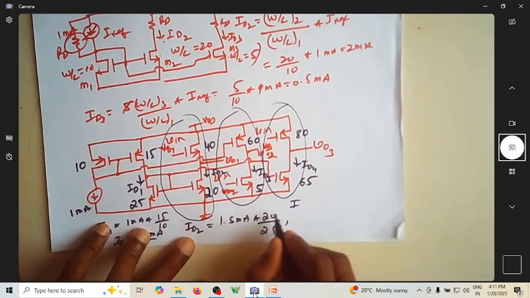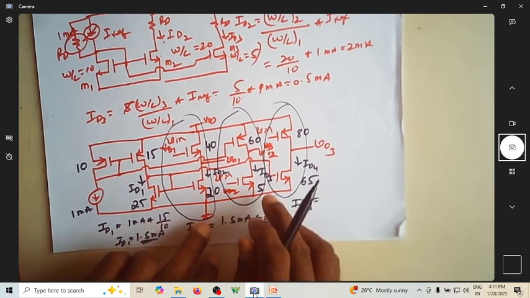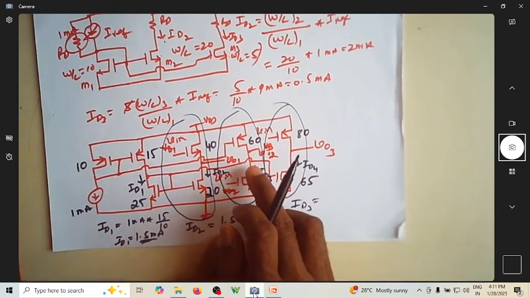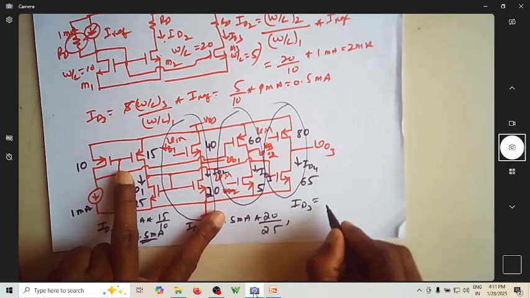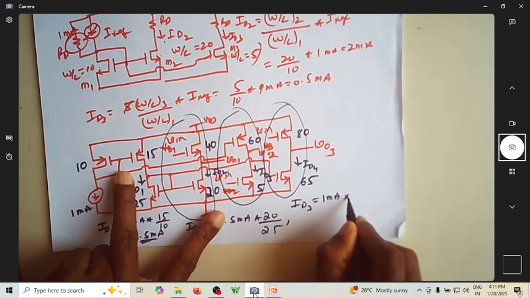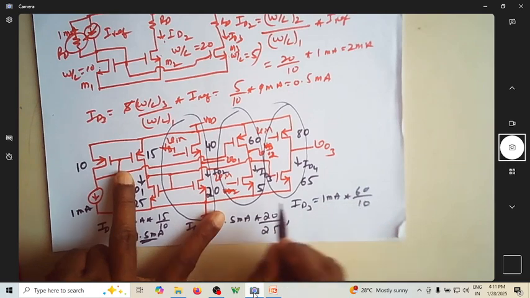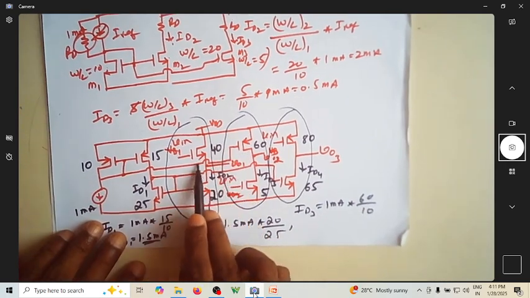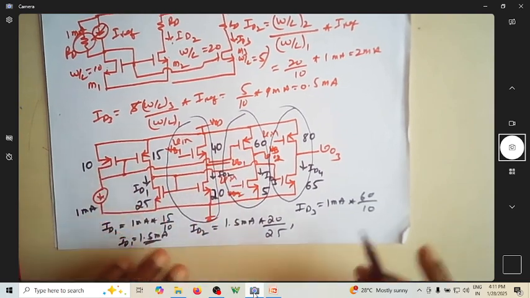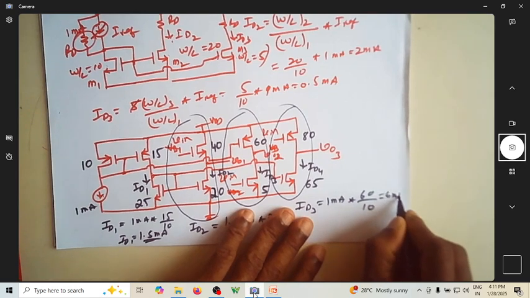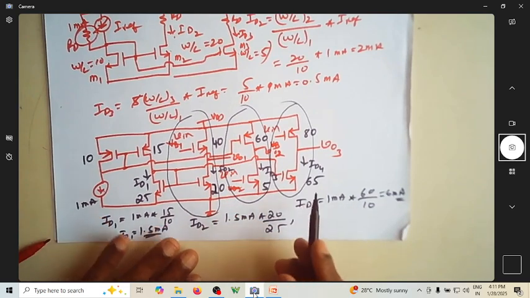What is ID3? For this, the reference is coming from here. So the reference is 1 milliampere multiplied by 60 divided by 10, which is 6 milliampere. So ID3 is 6 milliamperes.